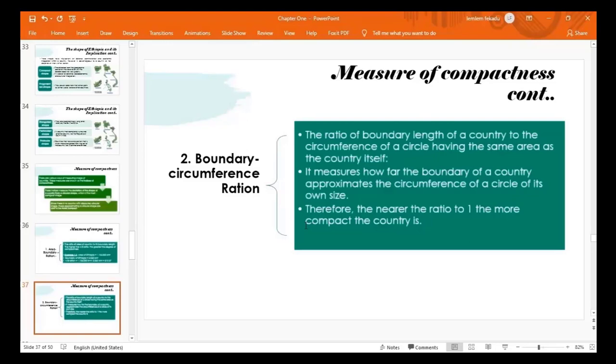So it measures how far the boundary of a country approximates the circumference of a circle of its own size. Therefore, the nearer the ratio to 1, the more compact the country is.